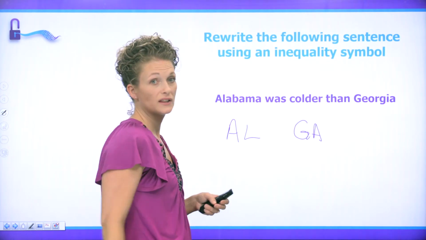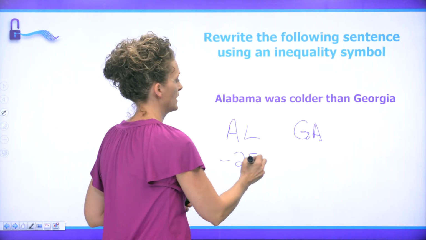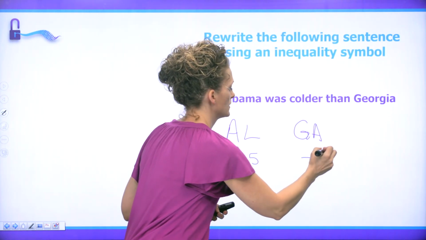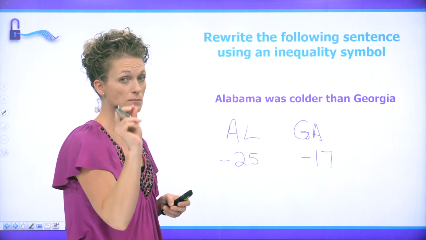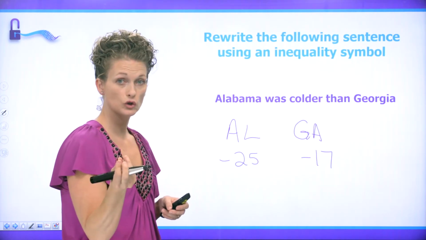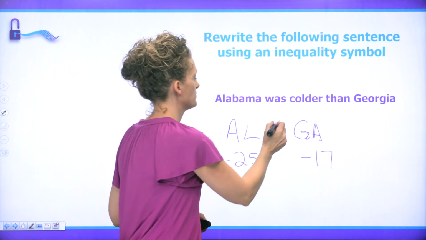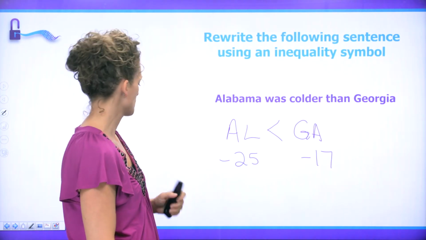Now Alabama, the temperature for that was negative 25. And for Georgia, we had negative 17. Now remember, the arrow points to the smallest number, in this case the coldest temperature. So the coldest temperature is going to be the negative 25 because it's farther to the left on the number line.